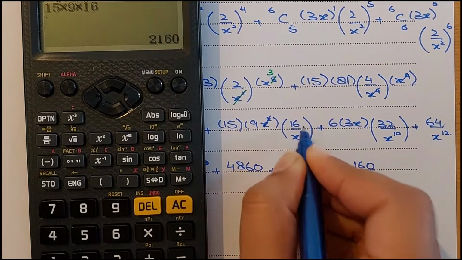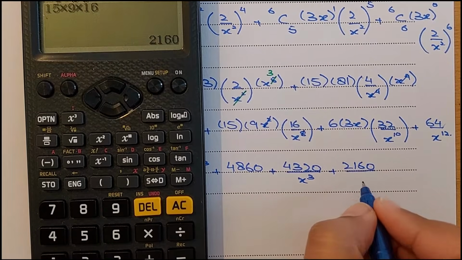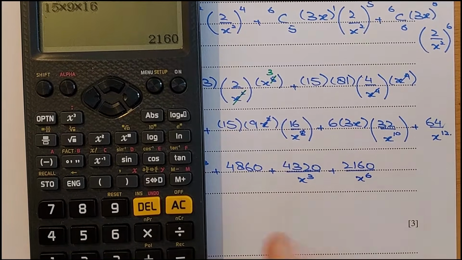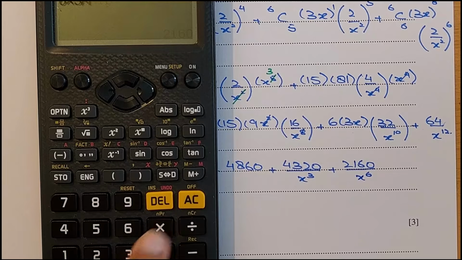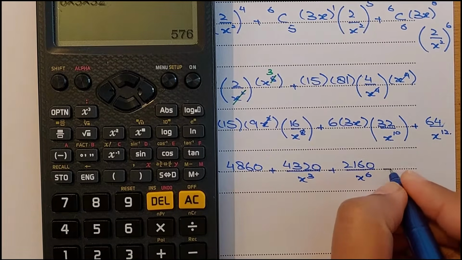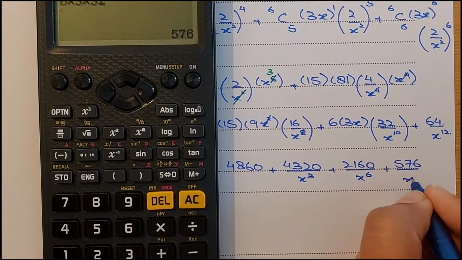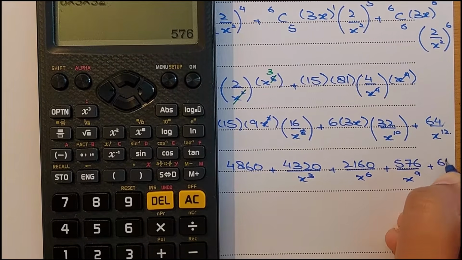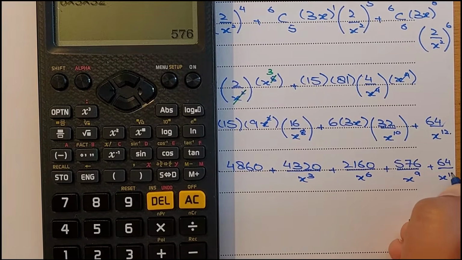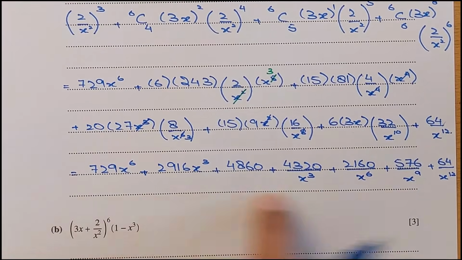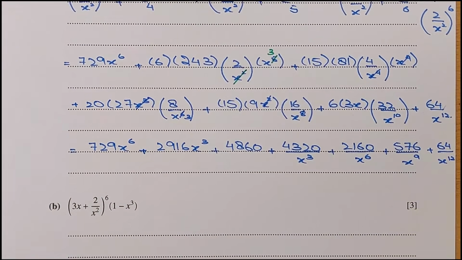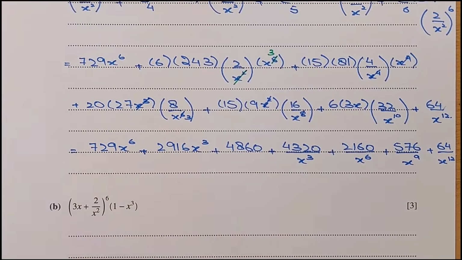You have 2 cancelled, now 6 is left, x power 6. Right, 6 times 3 times 32 is plus 576 over x power 9 plus 64 over x power 12. So this is the expansion. Now from this expansion we have to find the constant term, right?